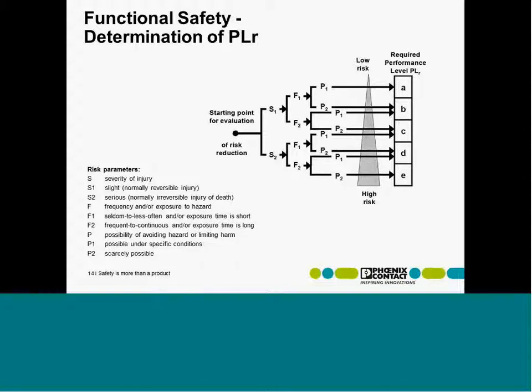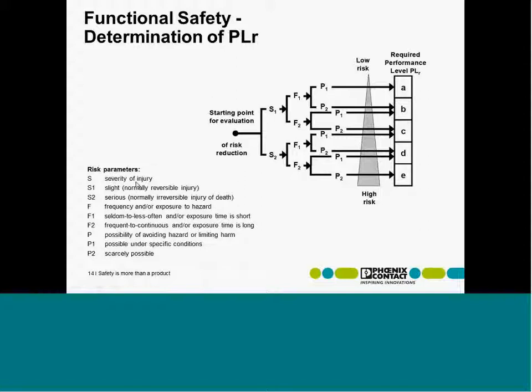For this safety function, as we have defined it before, we now have to select the 3 risk parameters. The first parameter we have to discuss is the severity of injury. That's the parameter S, and there we have 2 choices between S1 and S2.